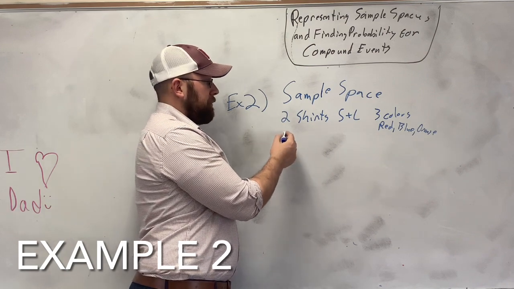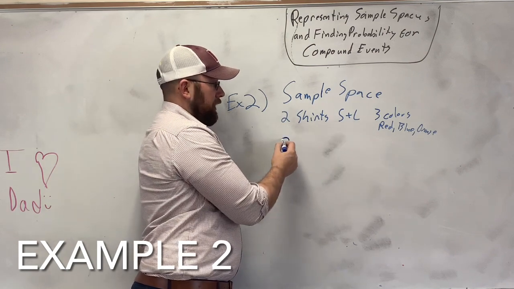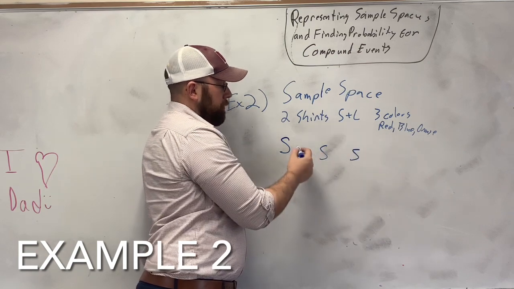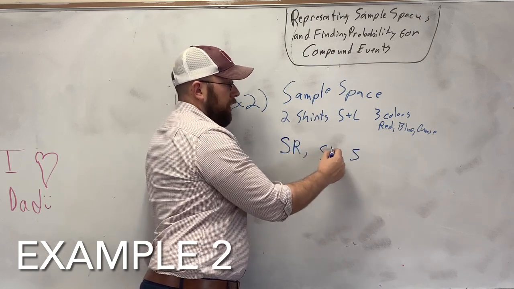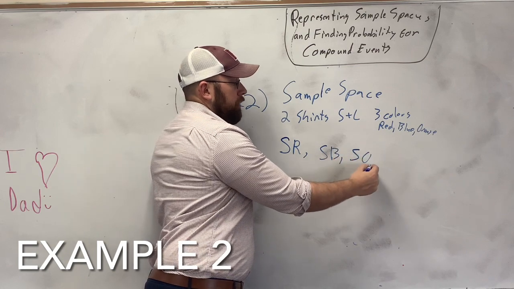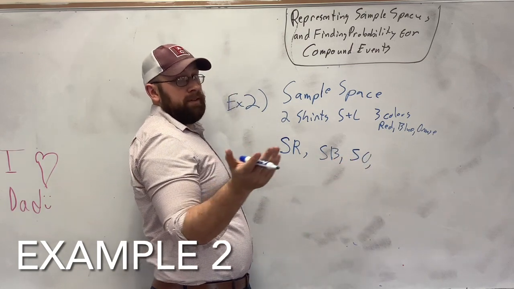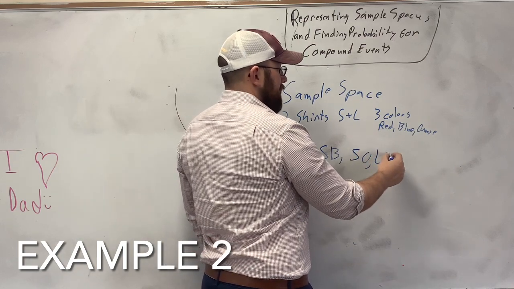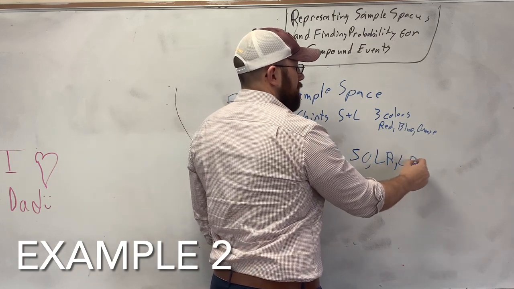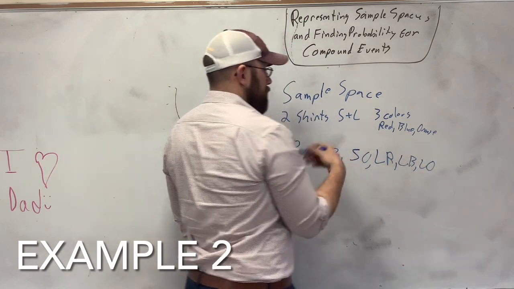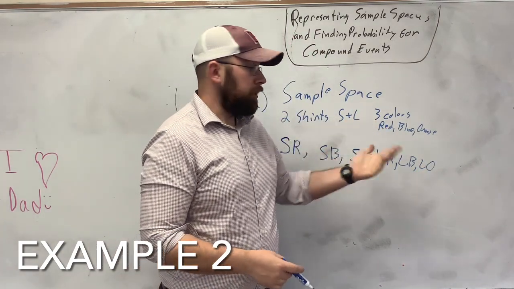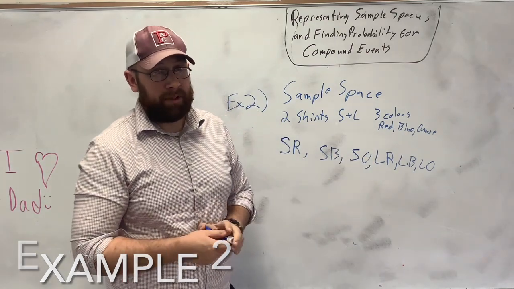For this case, I'm going to say small, large. I'll do small, and then put all the colors with it. So small red, small blue, small orange. Again, you can do a tree diagram to figure out all the possible outcomes. Just for this case, I'm doing this because it goes with the lesson. There you go. So you have 6 possible outcomes. The small can be in all 3 colors, and the large can be in all 3 colors. And that's your sample space.